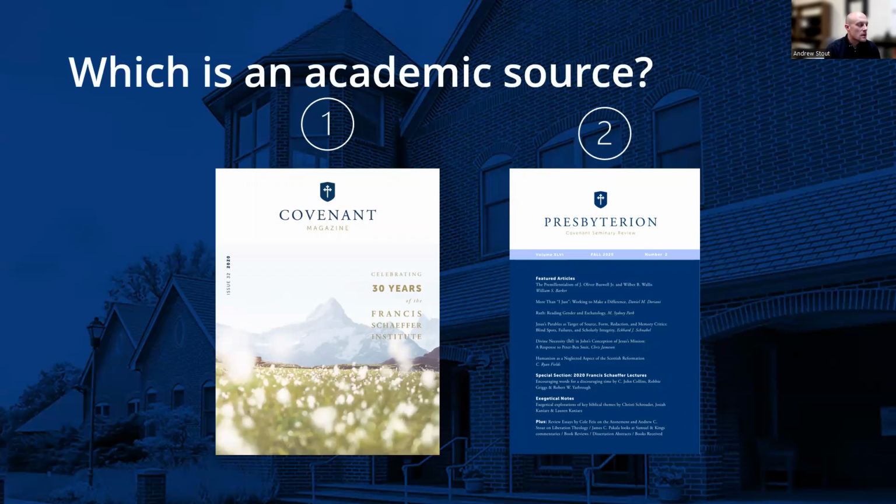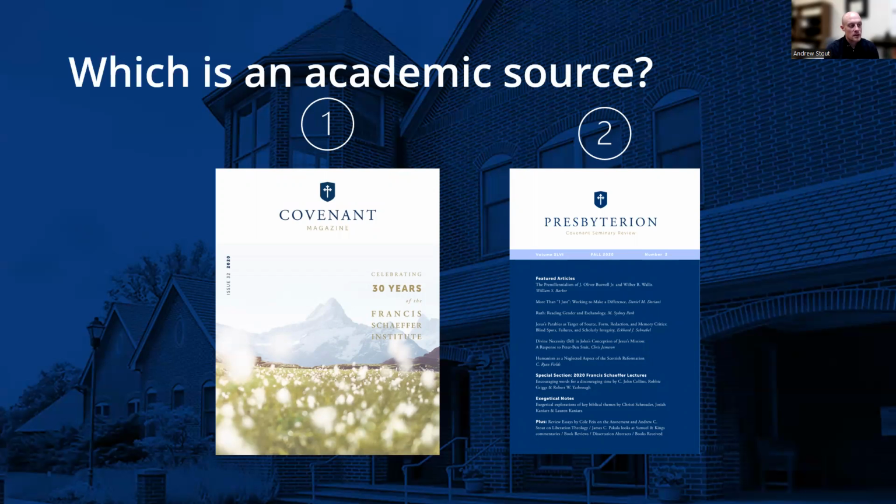So of the two, number one, Covenant Magazine, number two, Presbyterion, Covenant Seminary Review, we want to start to ask questions like, which of these is a good academic source? Which is targeted at an academic audience, which is targeted at a more popular audience? In this case, option number two, Presbyterion, would be considered an academic source.